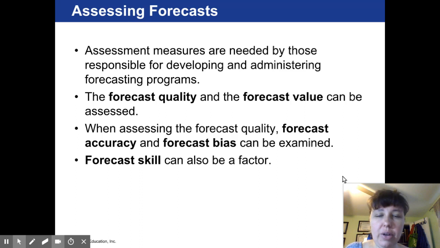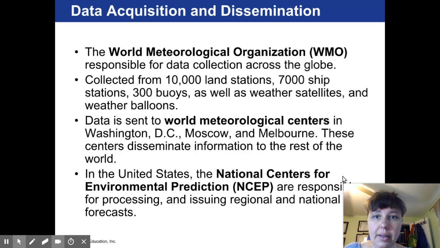And then forecasting skill. As far as other organizations, there's the World Meteorological Organization, or WMO, and this is a global database for all information, and this information is collected based on land stations that have input into it, and the National Weather Service does give their information to the World Meteorological Organization too.